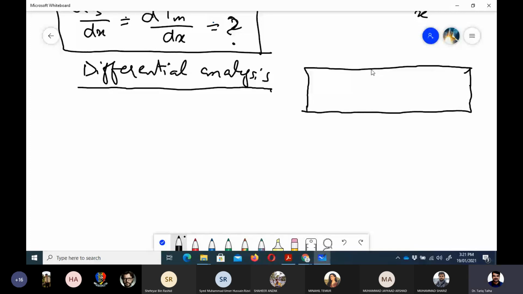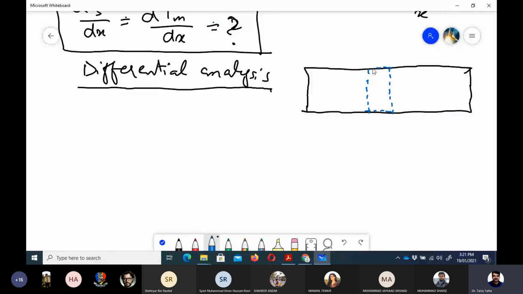So let's consider we have here a differential element. Let me use some other marker. This is the differential element we are talking about.